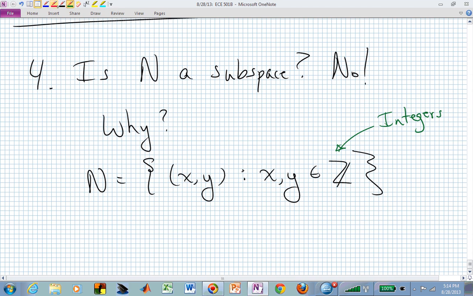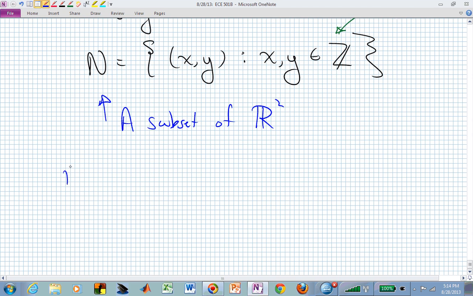So this is now a subset of R2. Is the additive identity an element of N? Yeah, 0 and 0 are integers, so we could just let x equal y equal 0, so that property is okay. What about closed under addition?